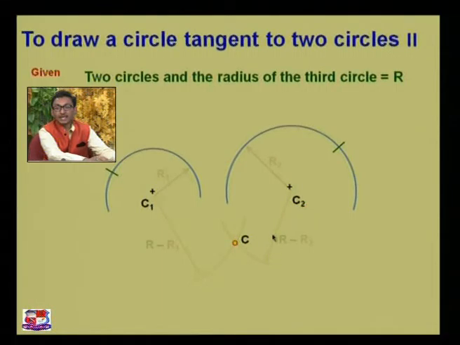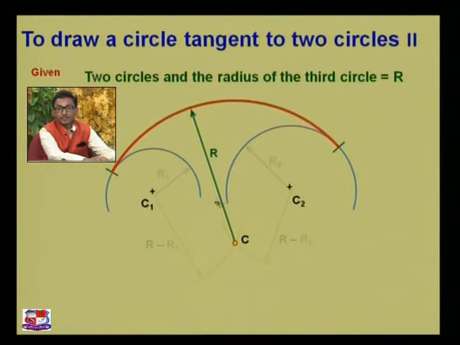I have removed the scale, taken the center as C, and drawn an arc like this, whose radius is equal to R. Why R? Because we have subtracted this portion. As you can see, R minus R1 is there.